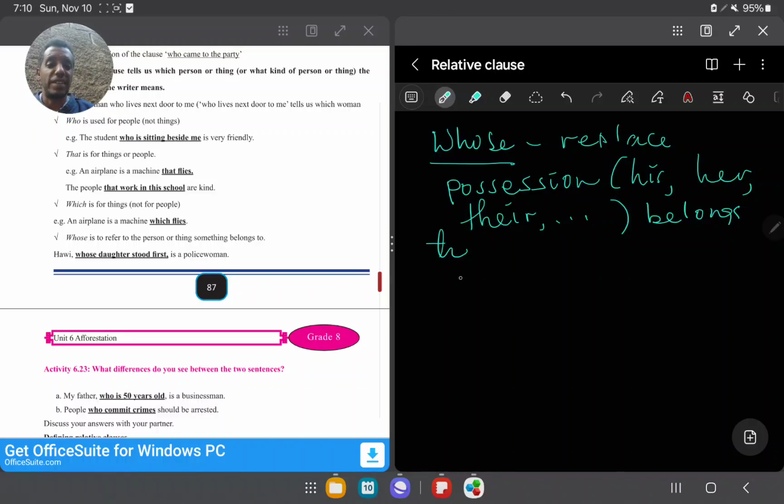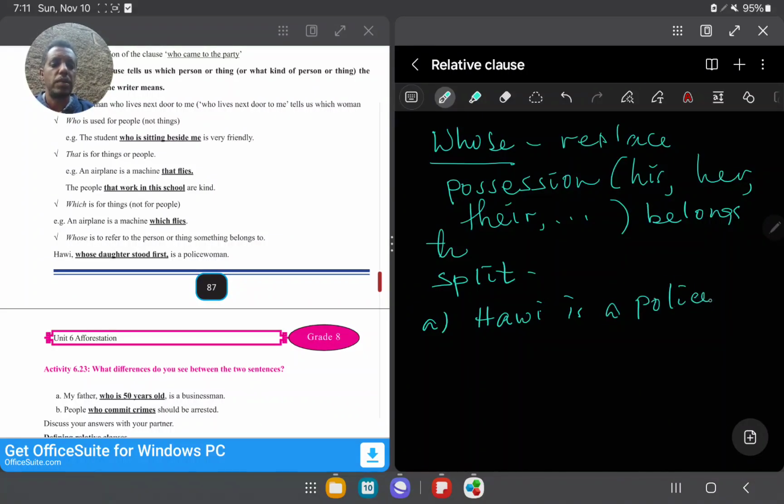Split the sentence. Let me show you. A, Howie is a policeman. Howie is a policewoman. B, you can see here, her daughter stood first.